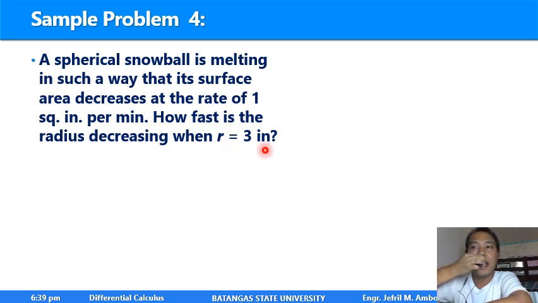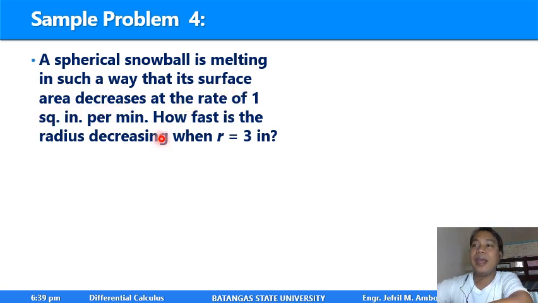Okay? So, kagaya ng ginawa natin kanina, ang una natin gagawin, we need to first translate the worded problem into mathematical expressions. Diba? So, there are variables here. And the quantities that vary will be represented in terms of variables. Okay? So, ano mga quantity yung nagbabago dito? Una, surface area.